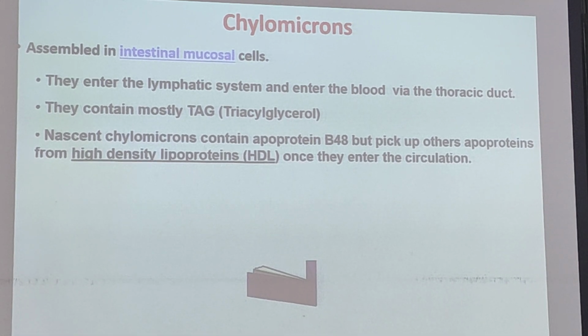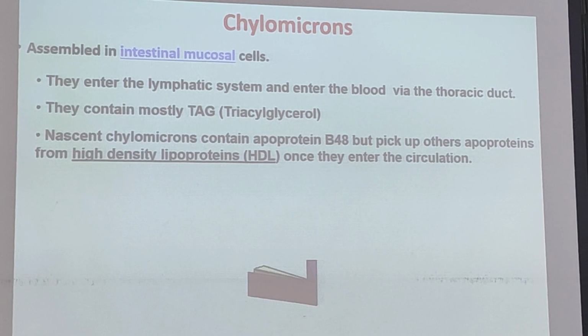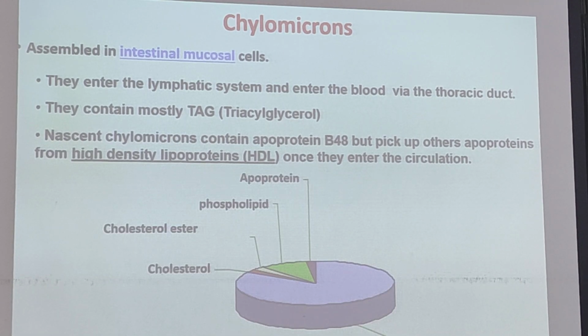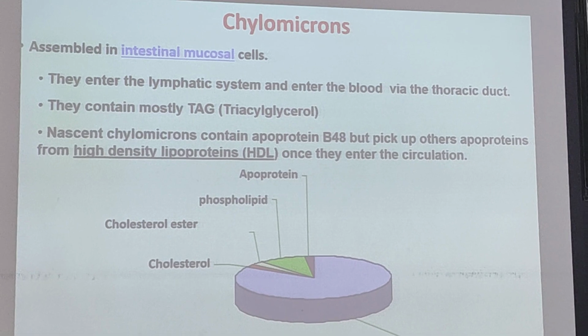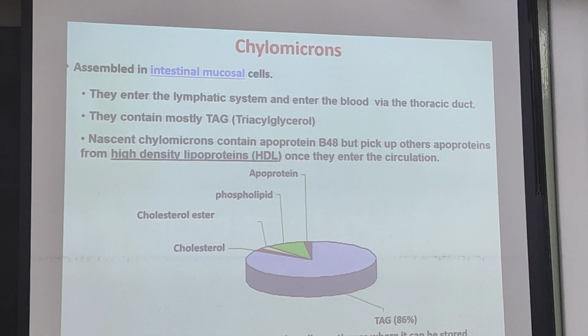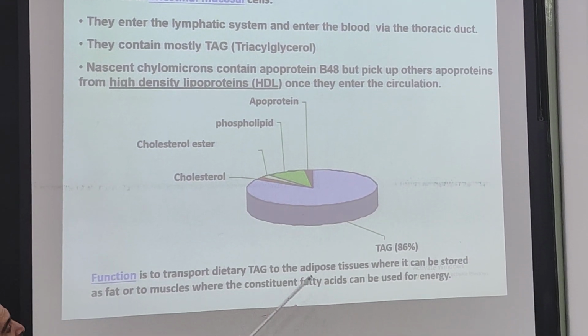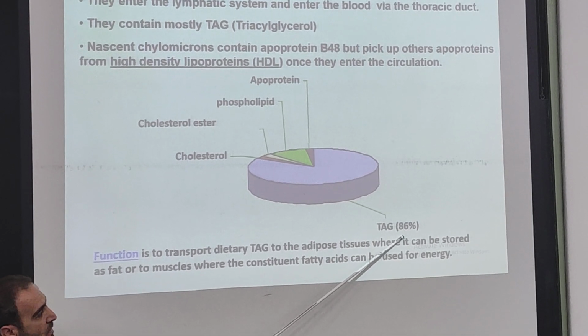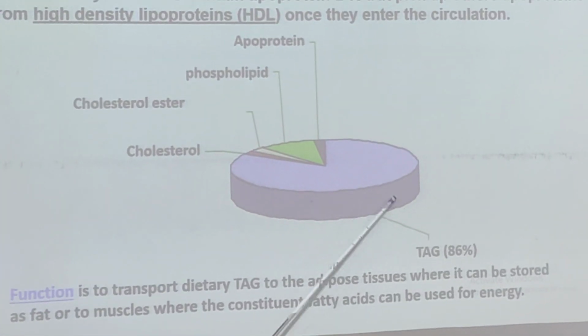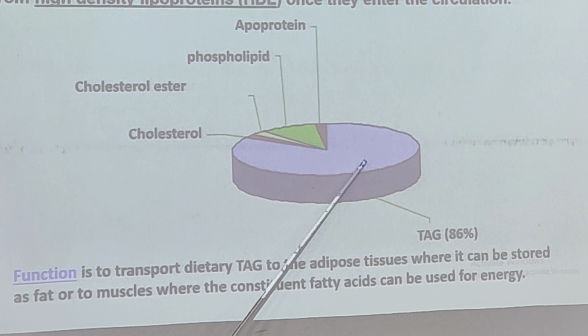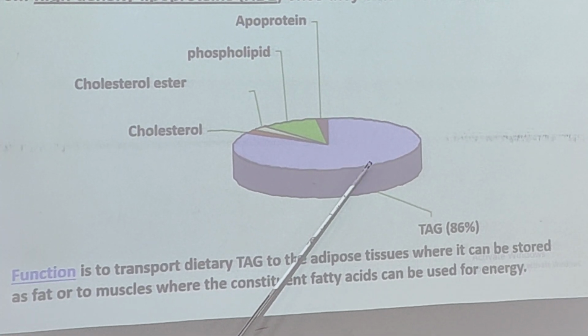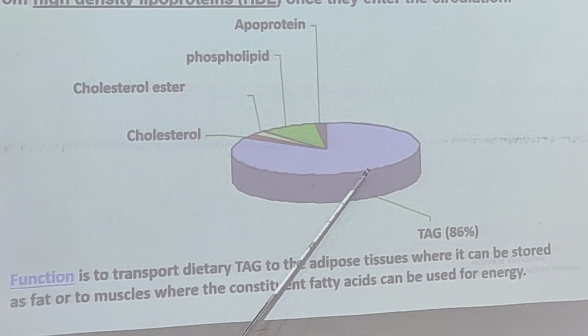HDL. Again, as I mentioned, HDL acts as a provider of apoproteins for other lipoproteins. Here you can see the constituents of chylomicron. 90% is comprised of TG, triglyceride.